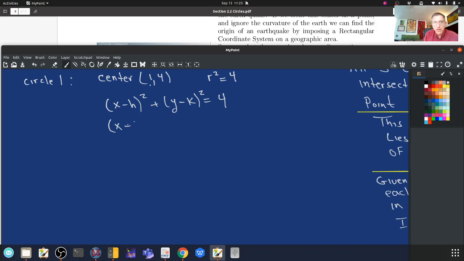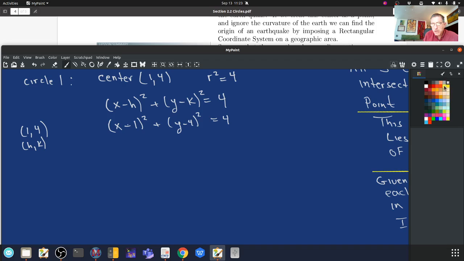So this is 1, 4 is hk. So that's x minus 1 squared plus y minus 4 squared is equal to 4.